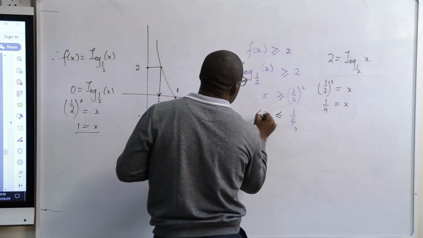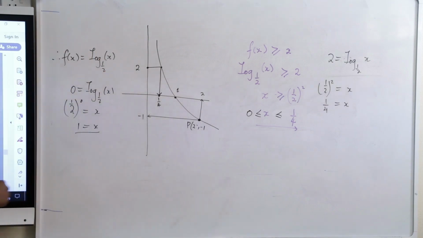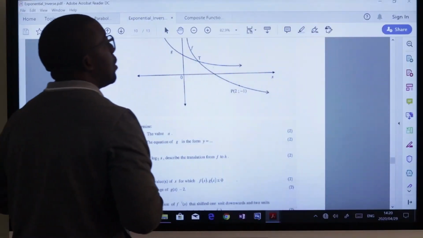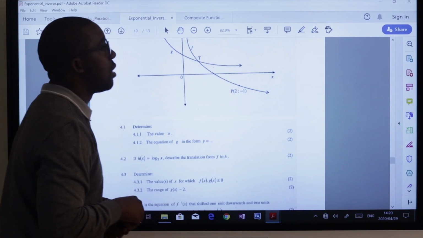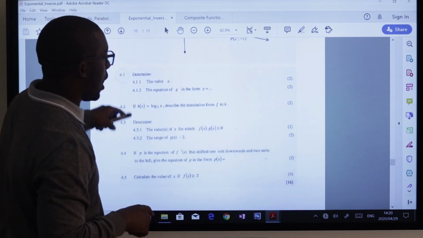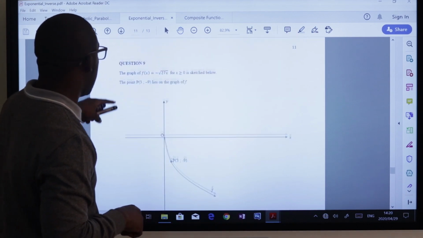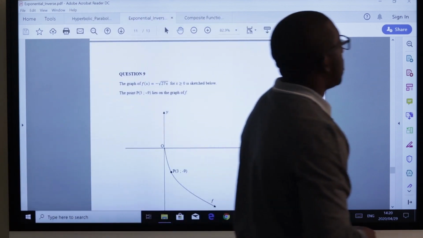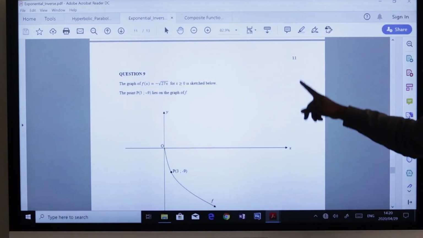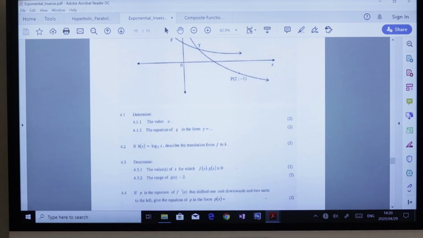So this accurately was between 0 and 1/4. If you use the graphical approach, it gives you more clarity on the changes that are happening in the function. That concludes this section on inverse exponential functions.